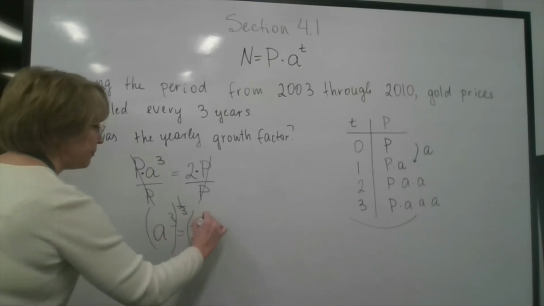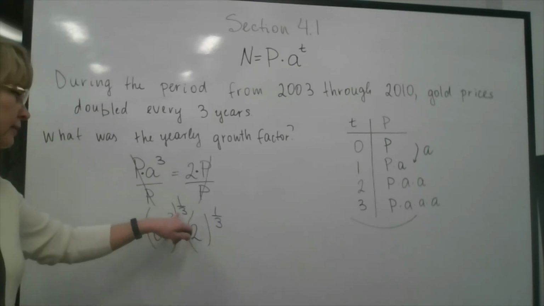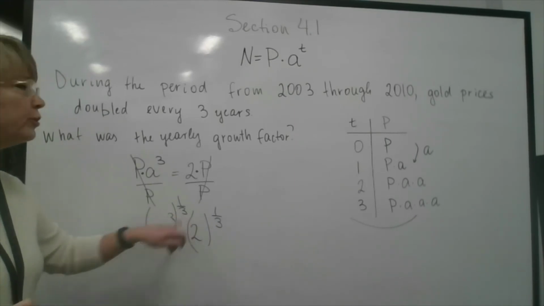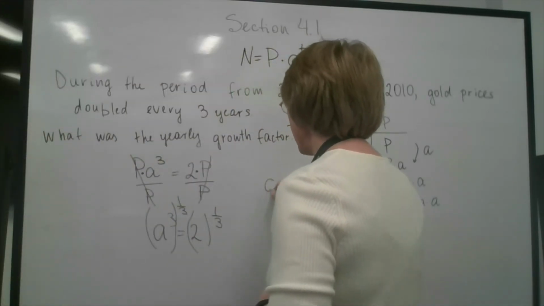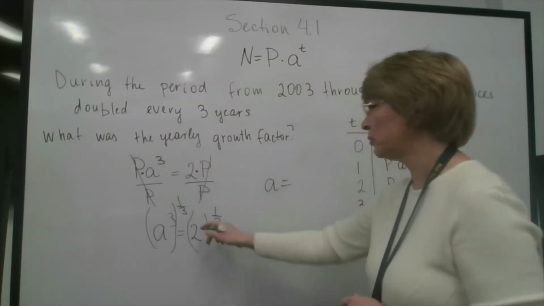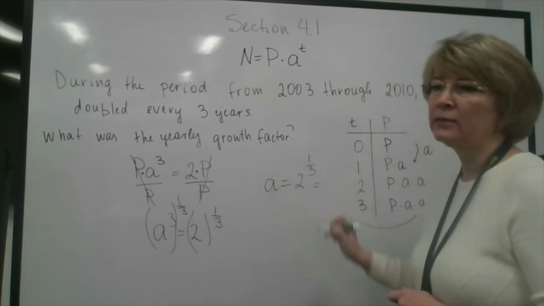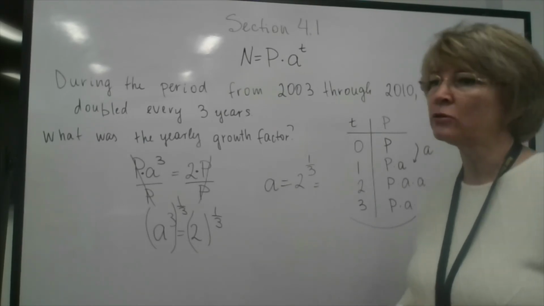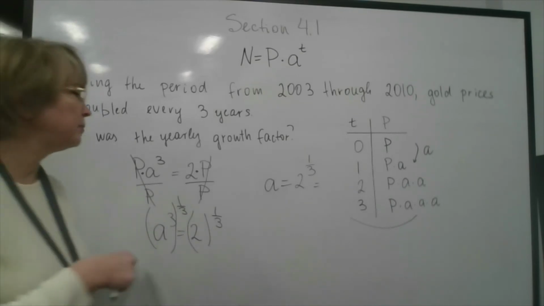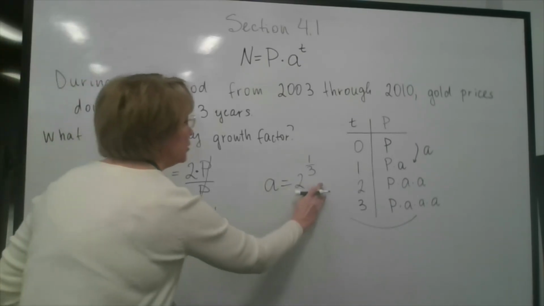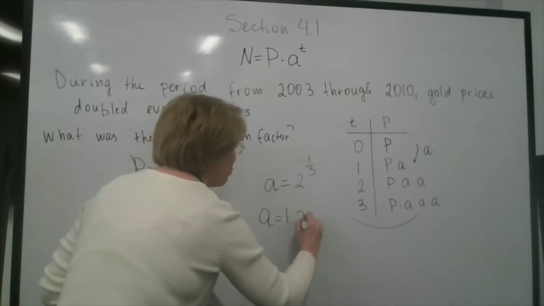And we have to do the same over here. Because 3 times 1 over 3 will give you 1. In this case, it will be A is equal to 2 to the power 1 over 3, that you can type on a calculator and round your answer to 2 decimal places. It's what they ask. So if you calculate, it will be A equal to 1.26.